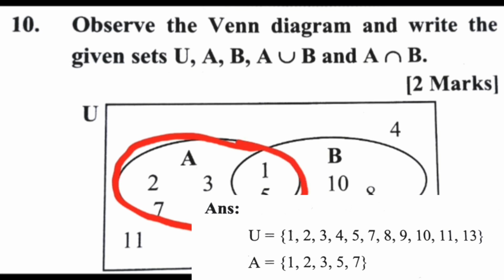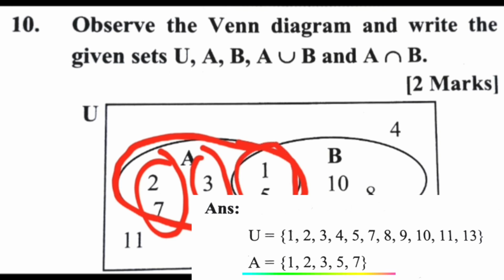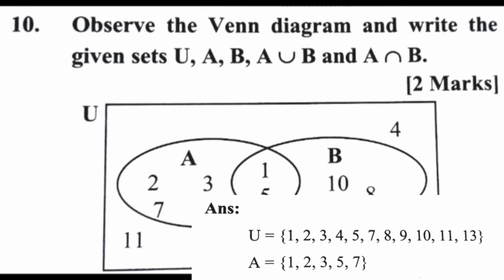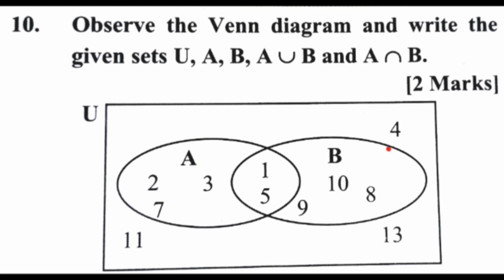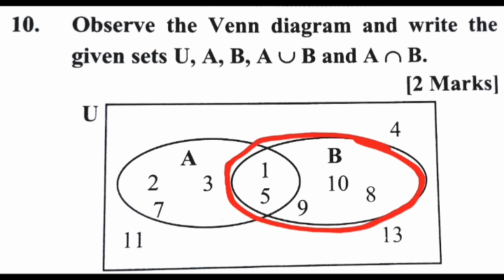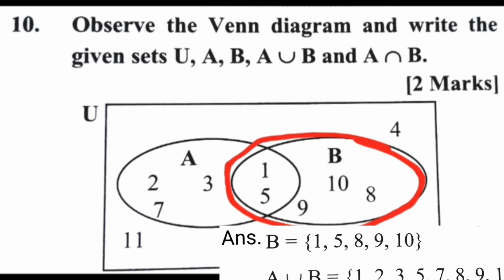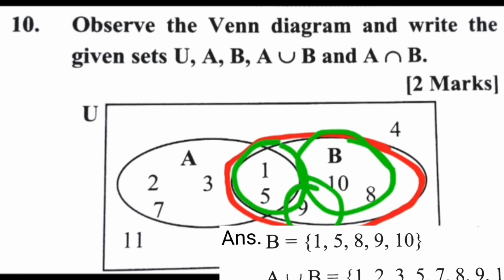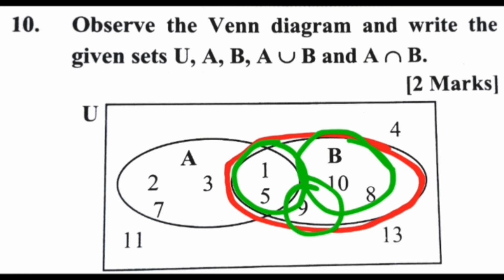Okay, so 2, 7, 3, 1 and 5. Okay, these are the elements of set A. Set B, the elements of set B are 10, 8, 9, 1 and 5. So these are the elements of set B.